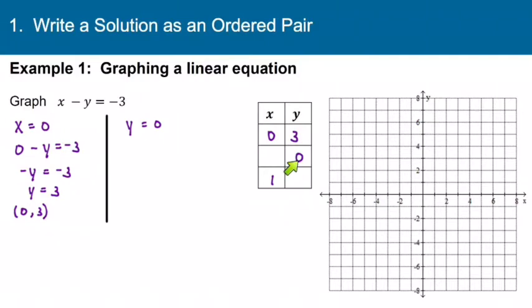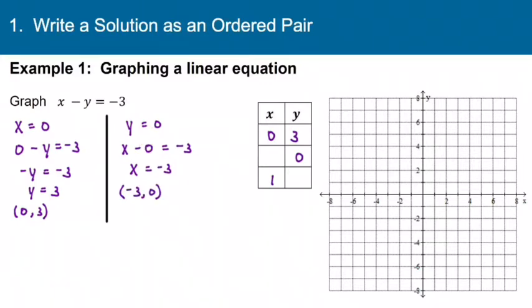And now let's plug in 0 for y. So taking our same equation, we'll plug in 0 for y, so that will give us x minus 0 equals negative 3. Okay, the left side just simplifies to x, so now we have x equals negative 3. And that's going to give us the ordered pair (-3, 0).